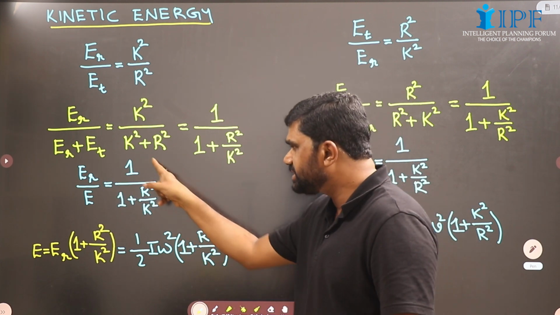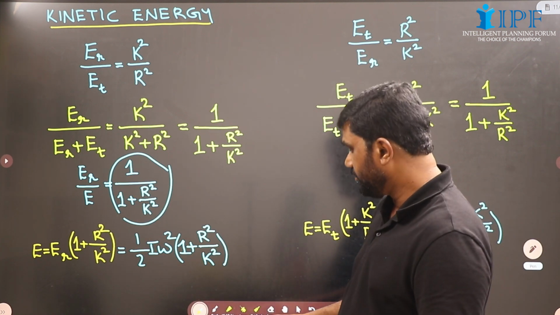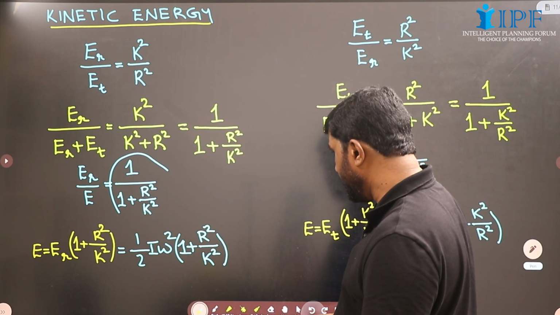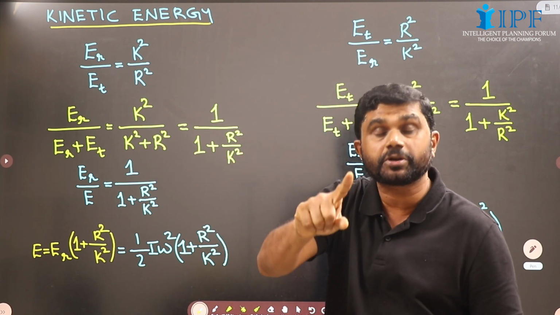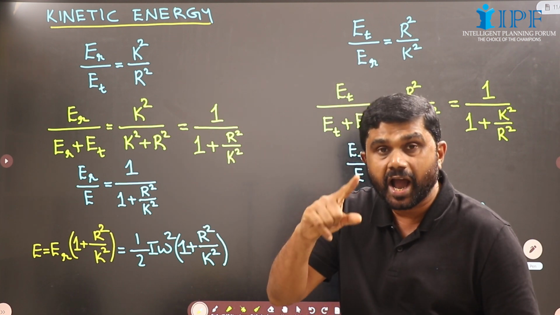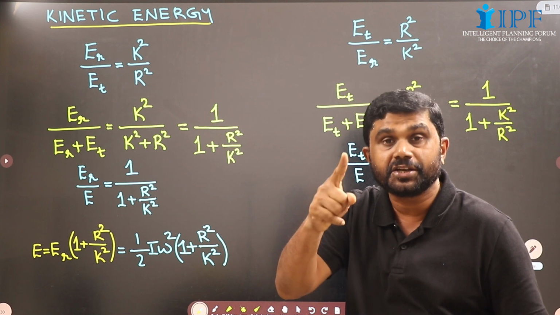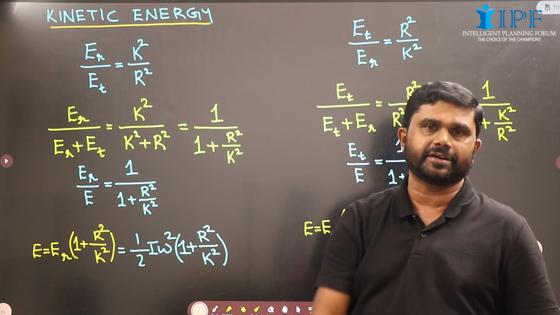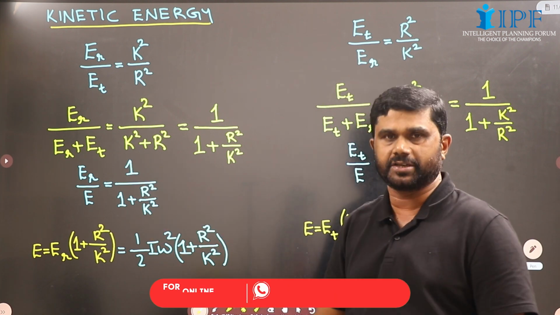If we simplify this expression, rotational kinetic energy is in the numerator, so K square should come in the numerator. If K square has to come in the numerator, then it must be in the denominator of the denominator. Then only will you get it in the numerator when you simplify it.